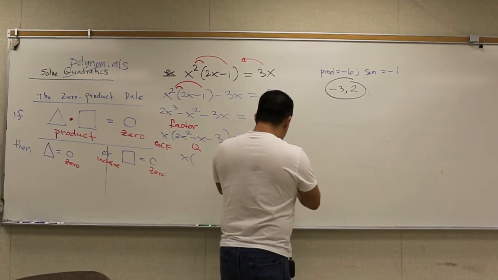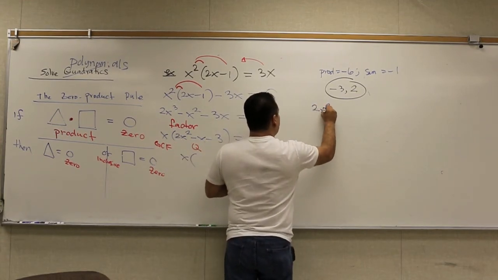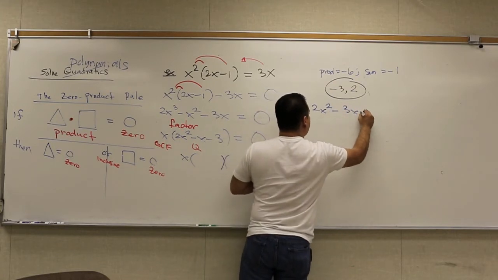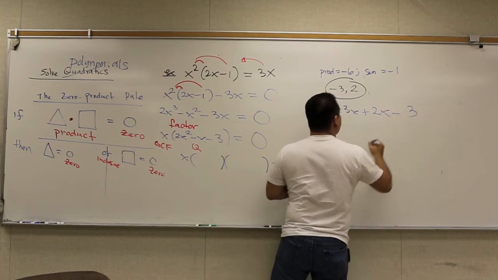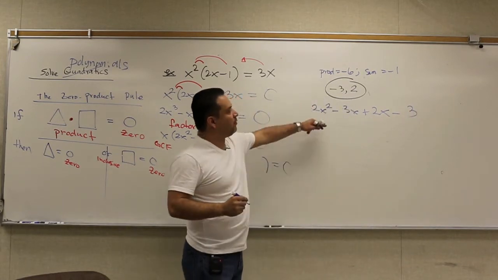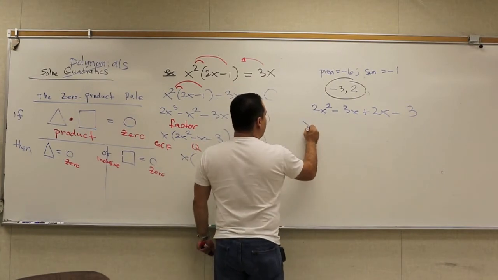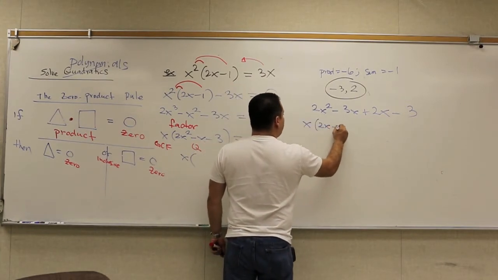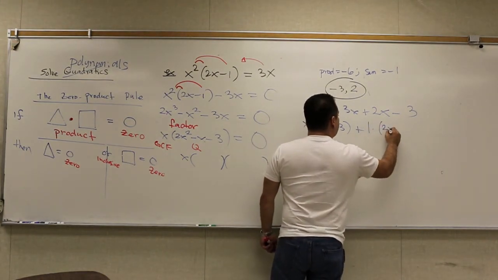So you're using our beef stew here, 2x squared minus 3x plus 2x minus 3. This is what I'm factoring. Now, what's the next step in the recipe? Factor by grouping. Okay, take out the greatest common factor. 2x minus 3.